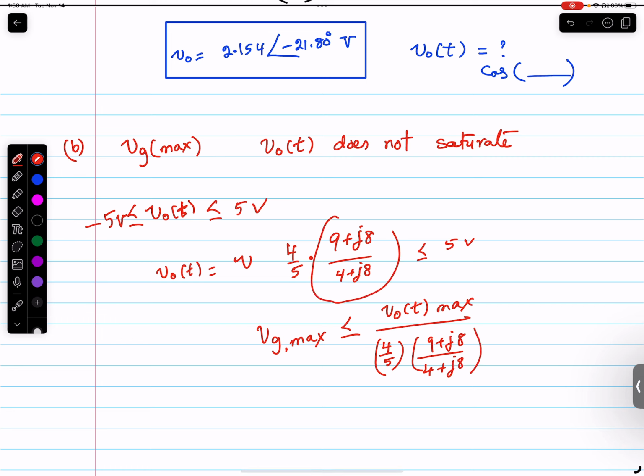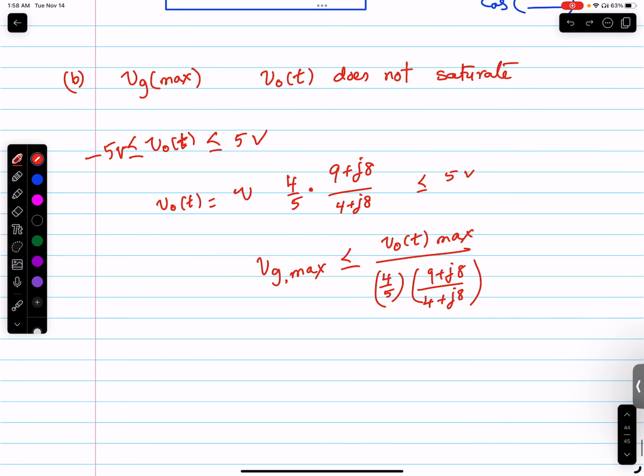Now this one is 5 angle 0 volts, the maximum value of the output beyond which the op amp saturates.